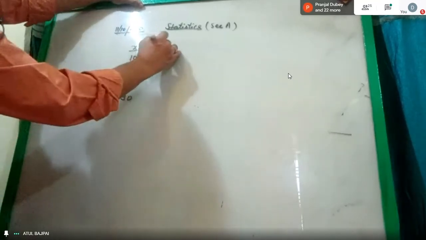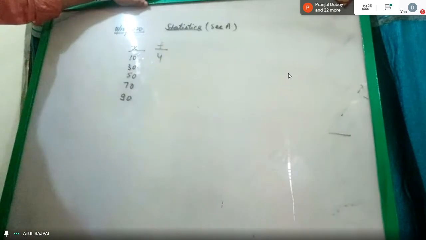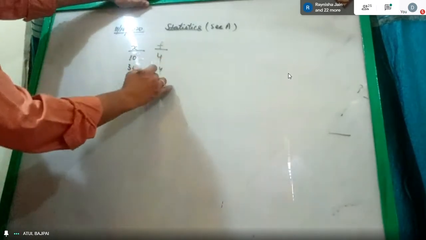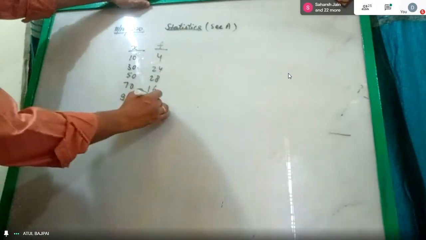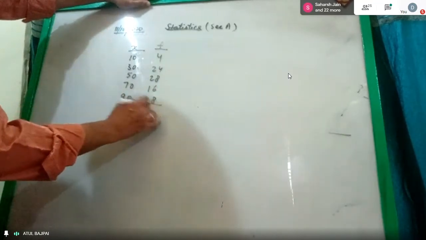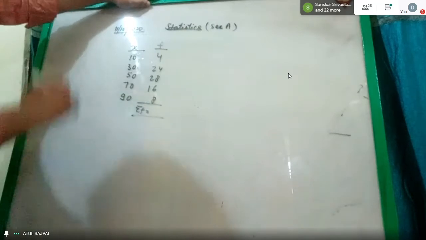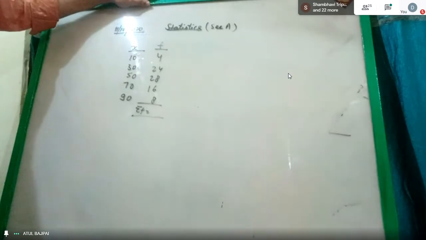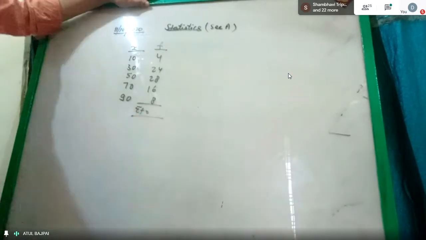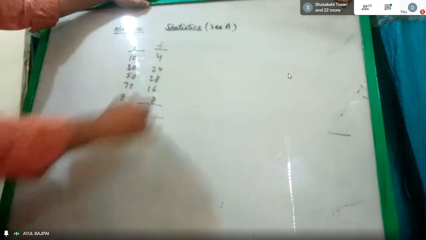F is 4, 24, 28, 16, and 8. Find sigma F first. We have to find MD about mean, that means we need to find the mean. So sigma F is 80.